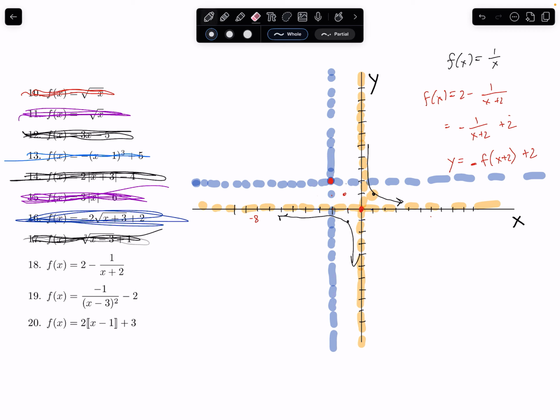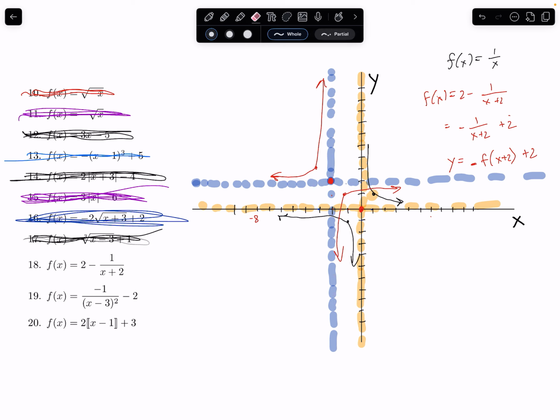So instead of going right 1, up 1, I'm going to go right 1, down 1, and give me this portion here. And instead of going left 1, down 1, I'm going to go left 1, up 1, like this. And then I approach those two asymptotes like that. So the red part is the end result, the resulting graph.